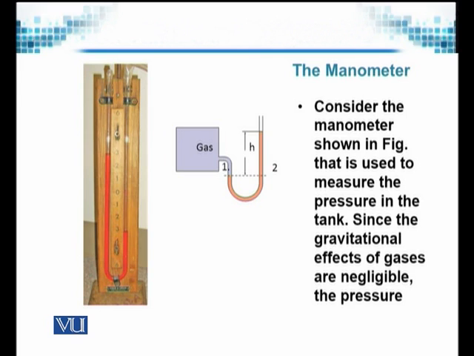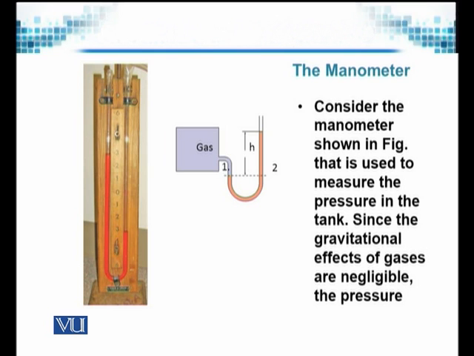Since the gravitational effects of gases are negligible, ये स्मॉल टैंक है या कंटेनर है जिसमें गैस है, उसके ऊपर लिक्विड हमने अप्लाई किया and we want to see कि गैस उस लिक्विड के ऊपर कितना प्रेशर अप्लाई करती है या vice versa, how much pressure the liquid is applying on that, and where the two balance each other, the manometer will give us the pressure difference.